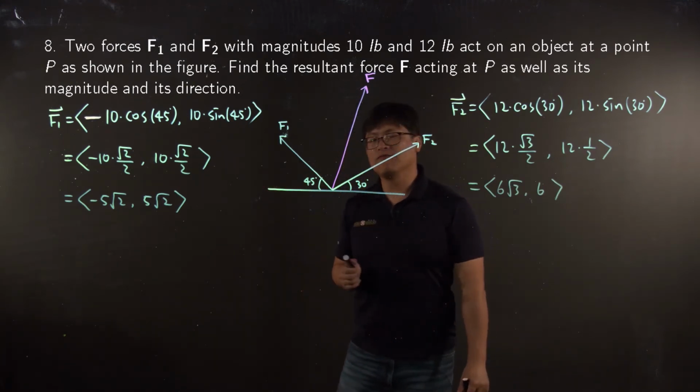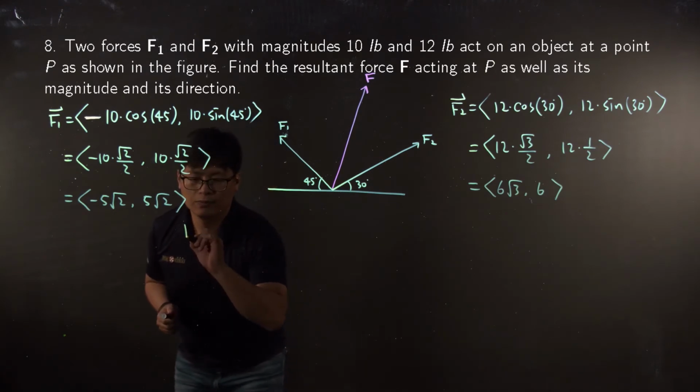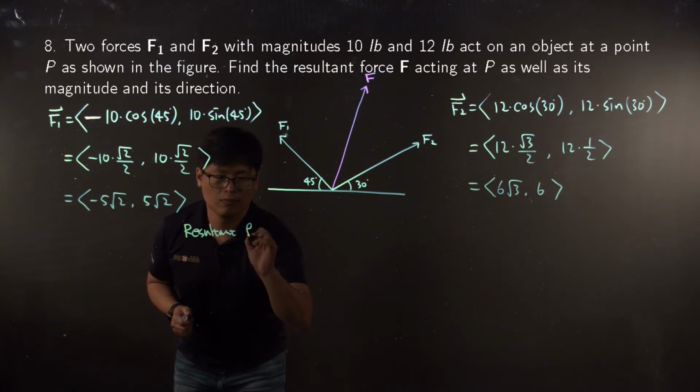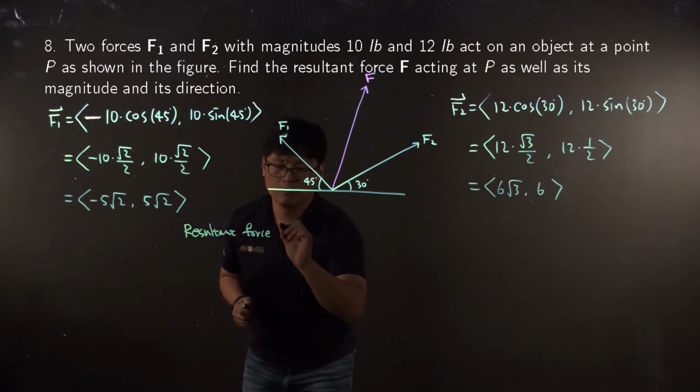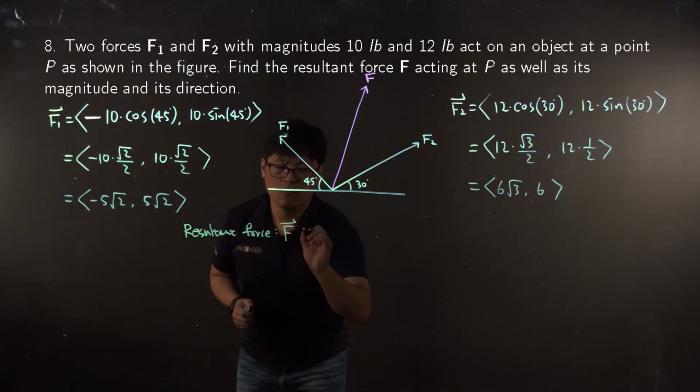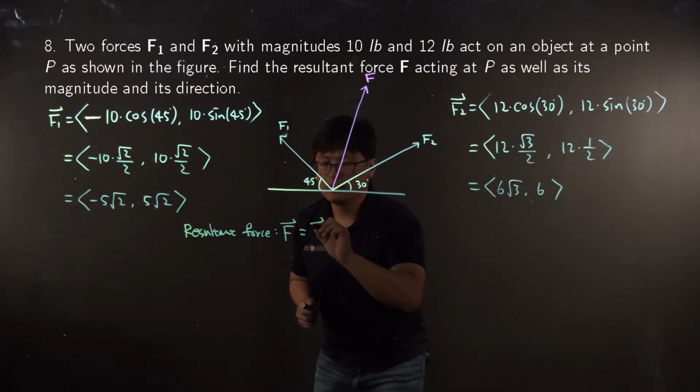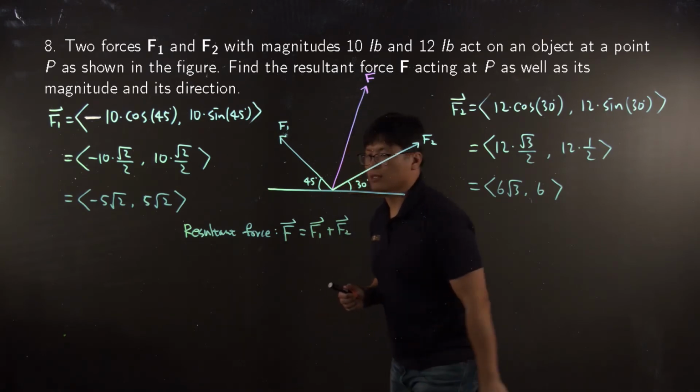Then what about the resultant force? Here we go. The resultant force can be calculated by simply adding up the two vectors applied at that point.